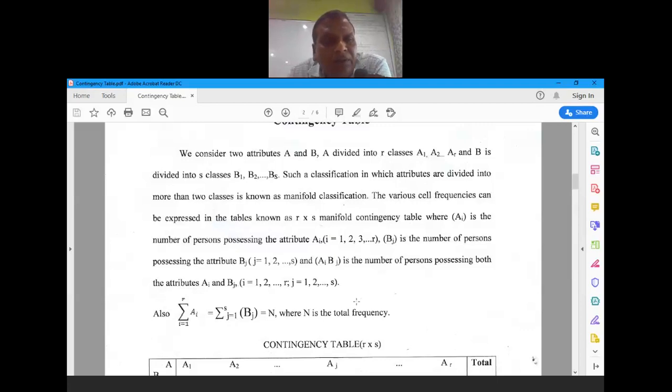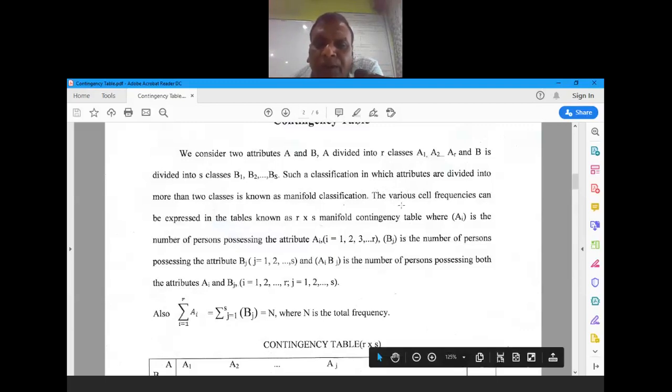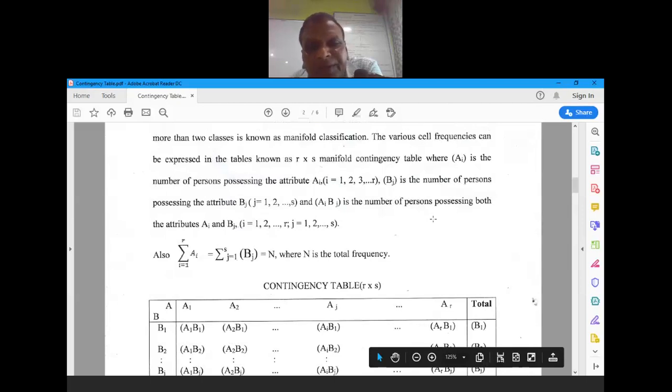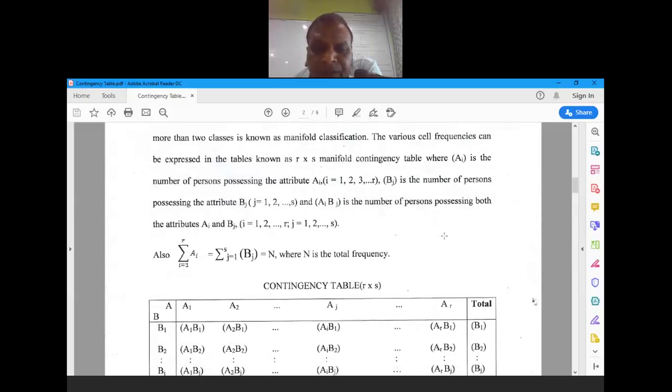So again in India you will get how many are graduate and how many are non-graduate, in both cases of male and female, like this. And again, if it is divided by literacy, then again you will get like this: how many people are literate and how many people are illiterate in case of both male and female.